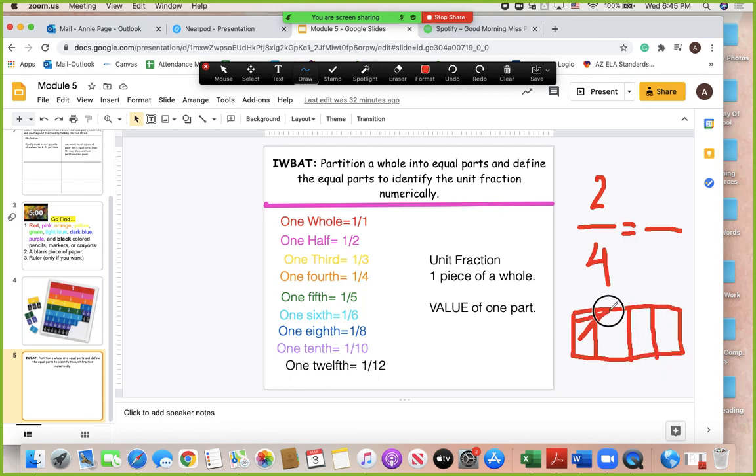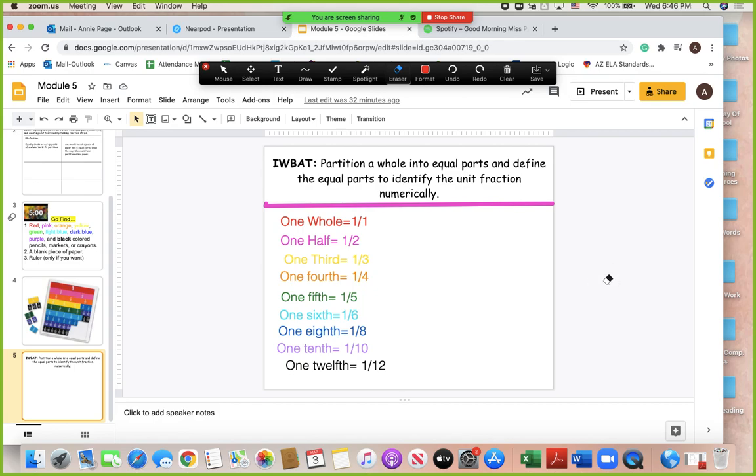So 2 out of 4 is equal to half of this rectangle, or half of the half. A little tricky one. All right, so we're not always going to have a unit fraction. Unit fractions show one part on top. We're going to have 2/4, 6/8, all of those kinds of things. Okay.